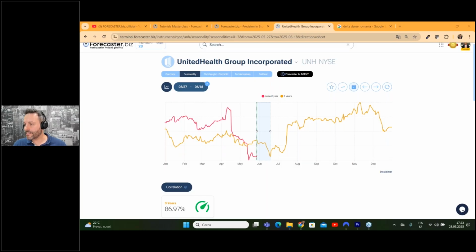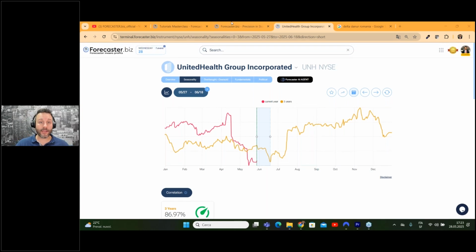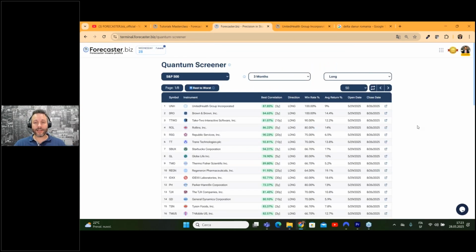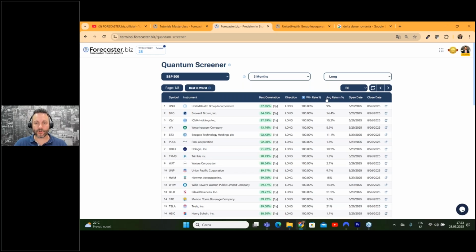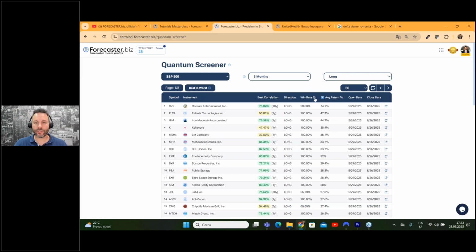Andreas is telling us, I normally sort it with win rate percentage, maybe over 8%, and win rate and correlation. Okay, yes, there is no specific way you can use it, but for example, you can sort it, of course, for win rate, average return.